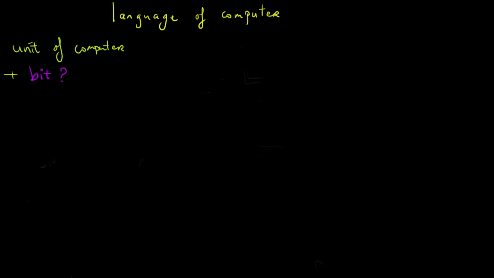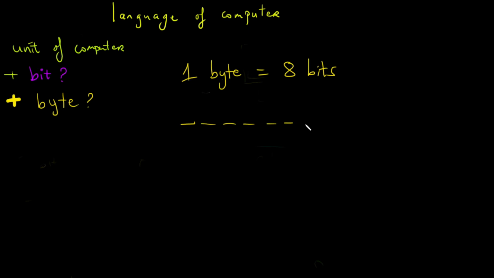Alright, so this is extra information for you guys. Besides the bit, we also have another similar unit, which is called byte. So what is a byte? Byte is very simple. 1 byte equals 8 bits. So whenever I say 1 byte, you think it's going to be data that has 8 slots, 1 2 3 4 5 6 7 8, and those 8 slots have to be made up of either 0 or 1.